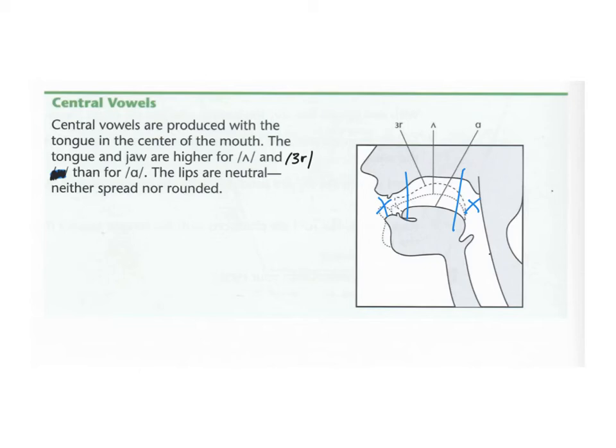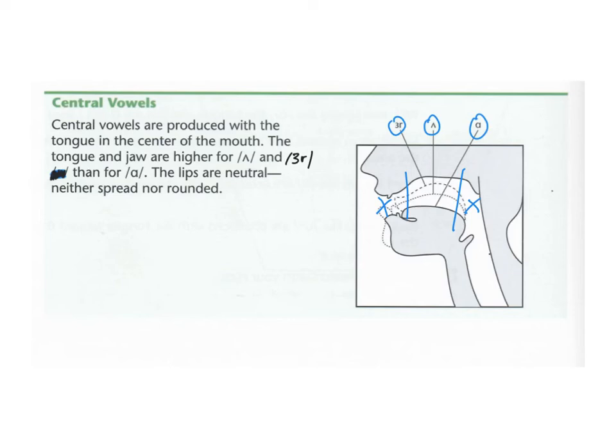So that's why they're called the central vowels. The central vowels are, and ah.